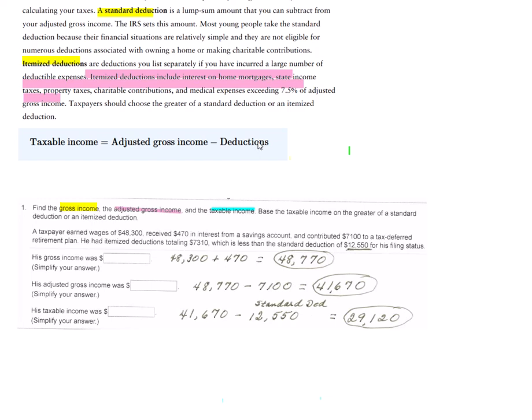Now, the first few homework questions that you're going to encounter are going to ask for three things: your gross income, your adjusted gross income, and the income that will be taxable. It says, base the taxable income on the greater of the standard deduction or the itemized. Because remember, the taxable income is your adjusted gross income, and you subtract off either the standard or the itemized deductions.